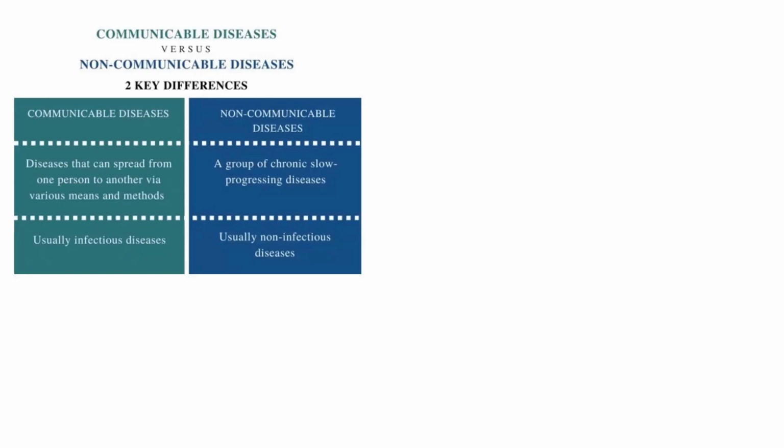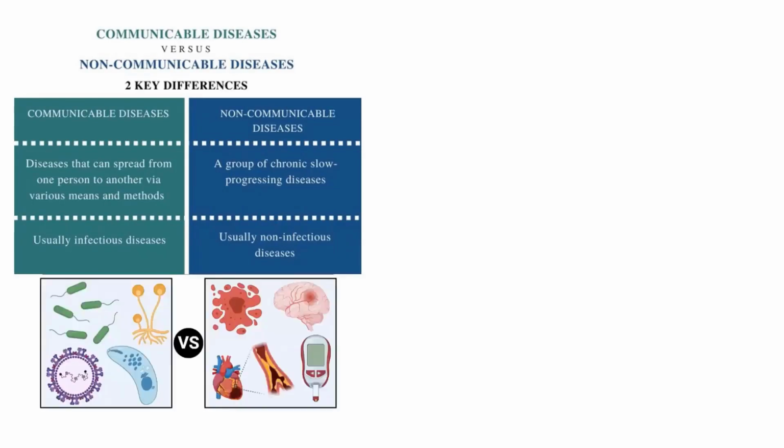These communicable diseases spread from one to another via various means and methods, which are usually the bacteria, the viruses, and the fungi, etc. The communicable diseases are transmitted by certain organisms which act as, we call them, vectors of the disease, or vehicles of the disease, so that they are used to transport the disease from one person to another, or maybe from one organism to another, maybe from animals to humans, humans to animals, plants to humans, whatever it is.